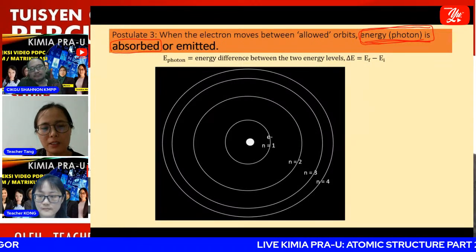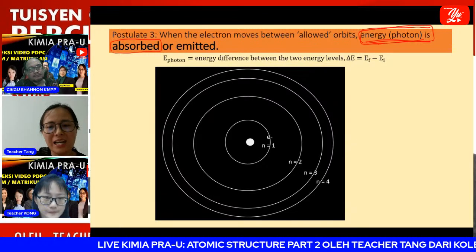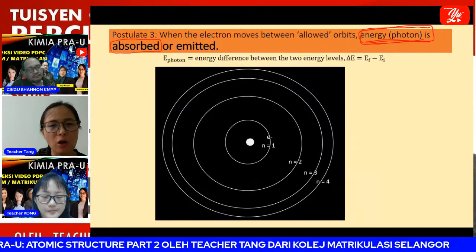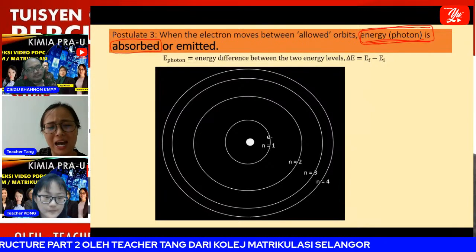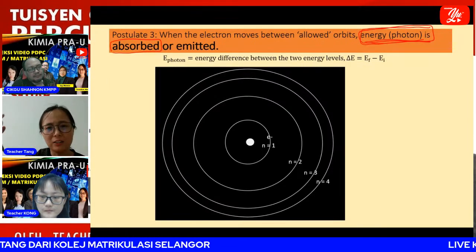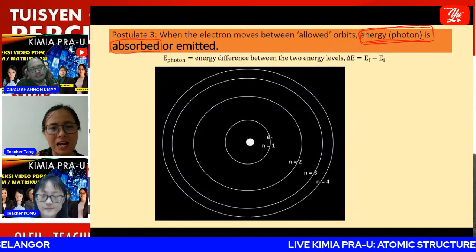So to move up to the higher energy level, you need to absorb the energy from the photon in order for the electron to gain energy and move to the higher energy level. At the higher energy level, the electron is not stable. So to move back to the lower energy level, you need to emit the photon.